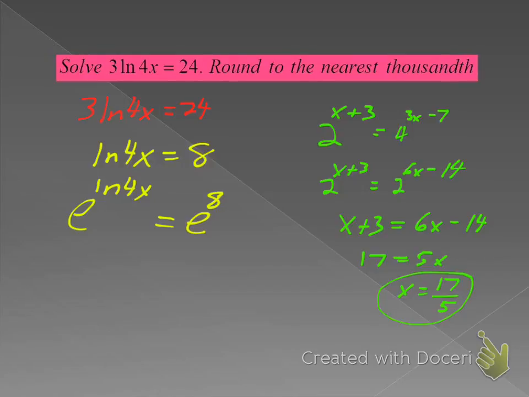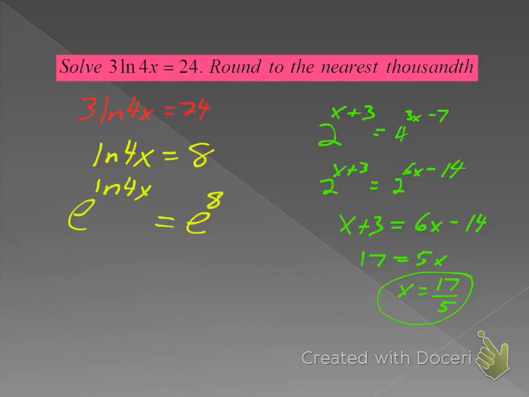Remember that. Can I start making my L's capital? Sure, if that helps you. So now that you have this as e to the ln, they cancel, and 4x comes back down out of the exponents. That's the other weird part.